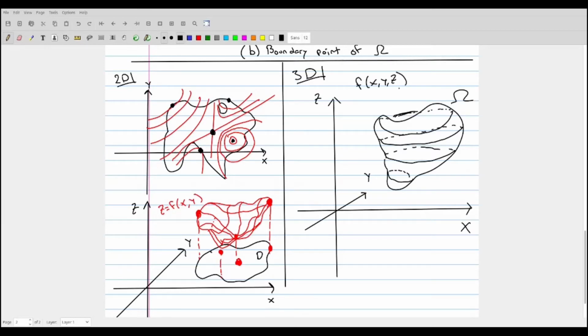This theorem still holds, and it still says that you can find the absolute max and mins of your given function on this 3-dimensional region at either an interior critical point of the domain omega, or lying on the boundary of omega, which is going to be, in general, some type of surface. So this is our main theorem that we can use.